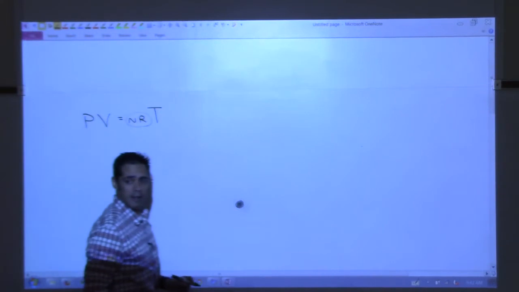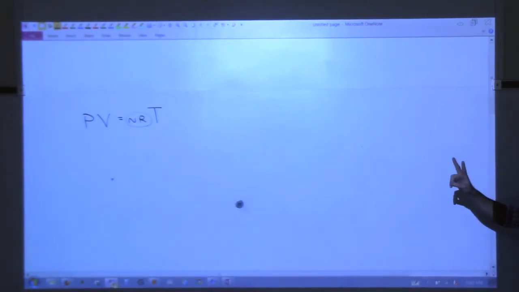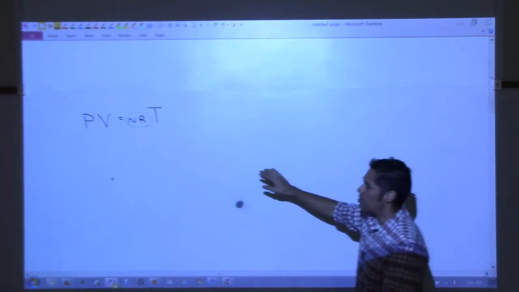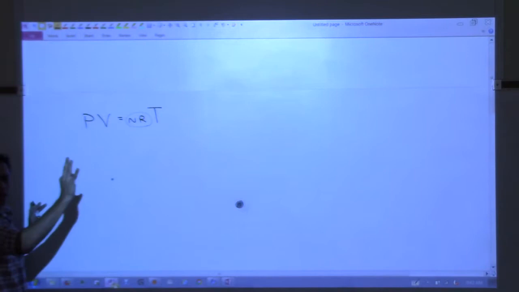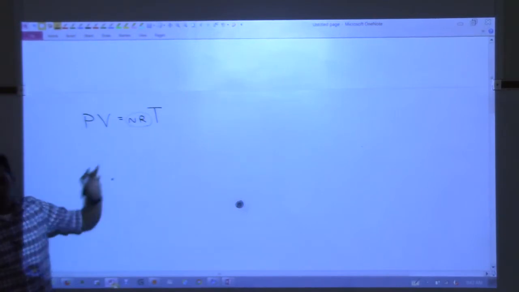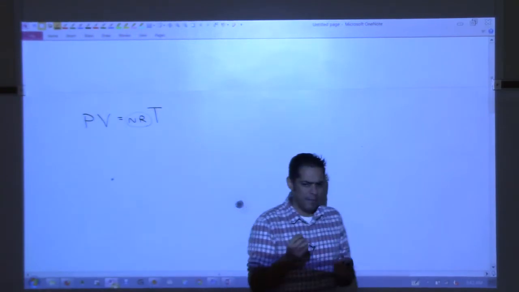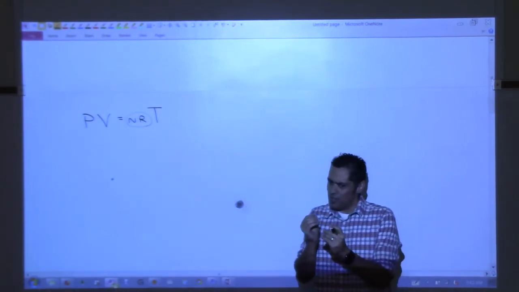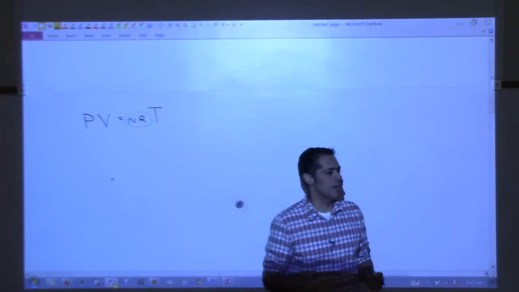We've never dealt with an equation that has more than two variables. And in this equation, you could argue that this has three variables. The n and the r are constants. So I'm curious, if the temperature changes just a little bit, how does the pressure change?